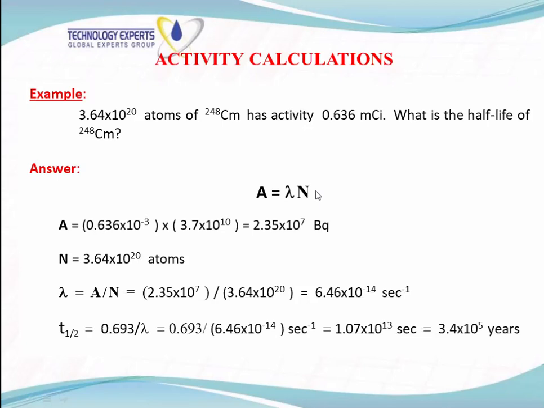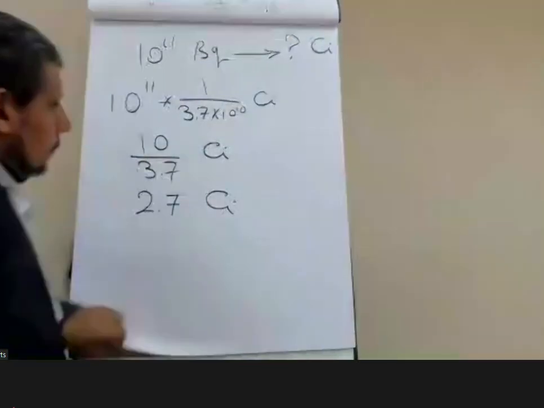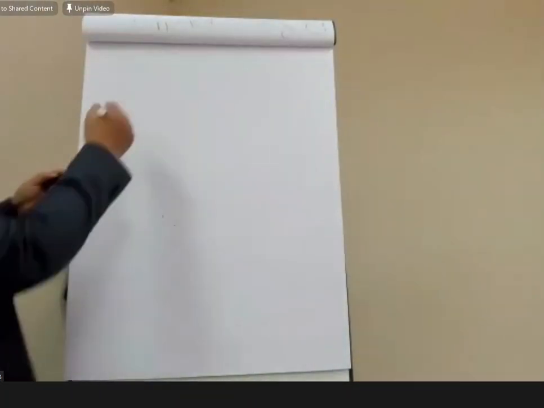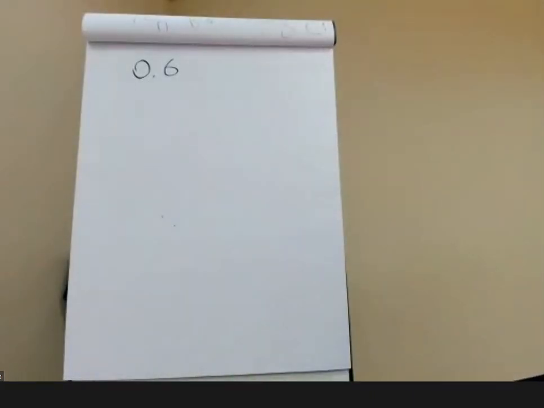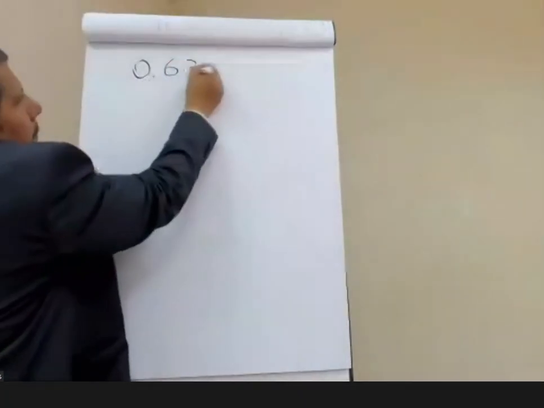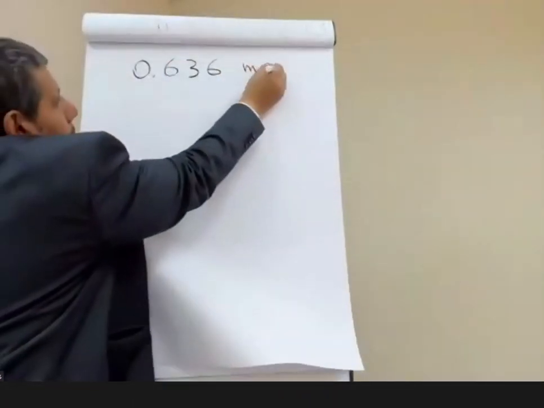Okay, let's do this on the board. Activity is 0.6 millicurie.